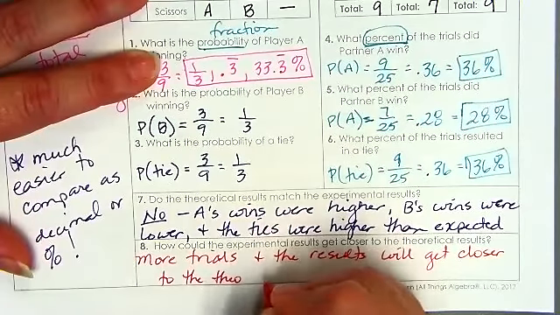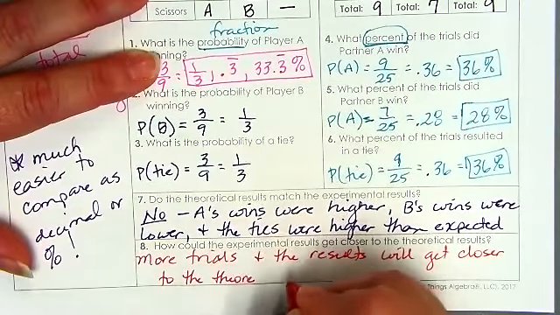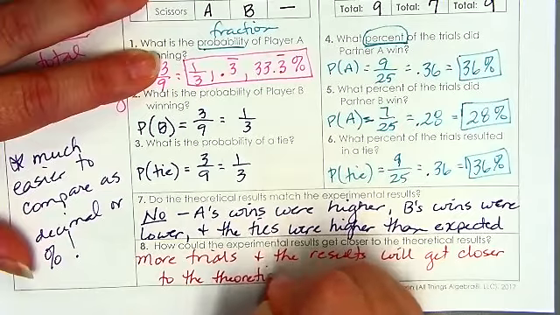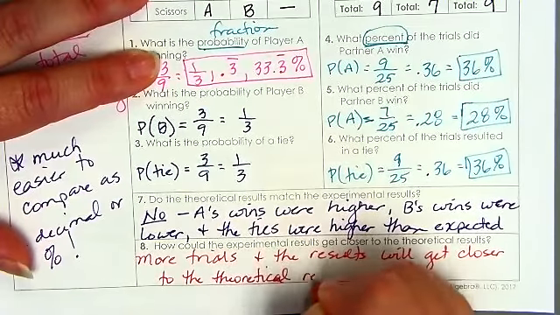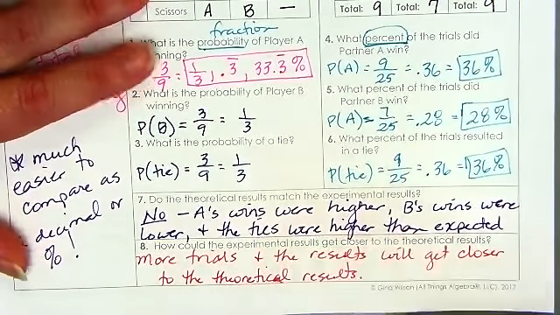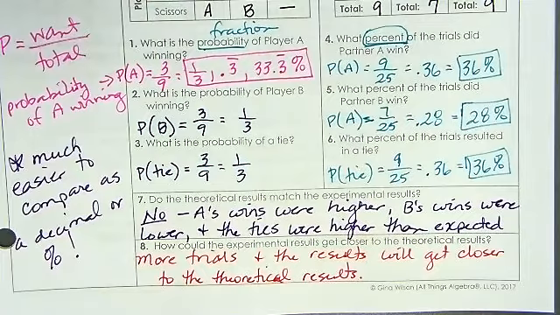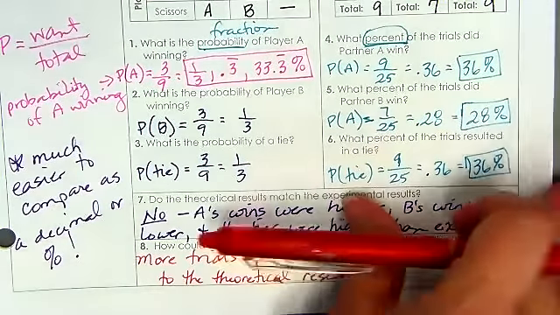The bigger your experiment, the closer the results will become to the actual theoretical results. So the larger the experiment, the closer the theoretical and experimental will be. All right, next page.